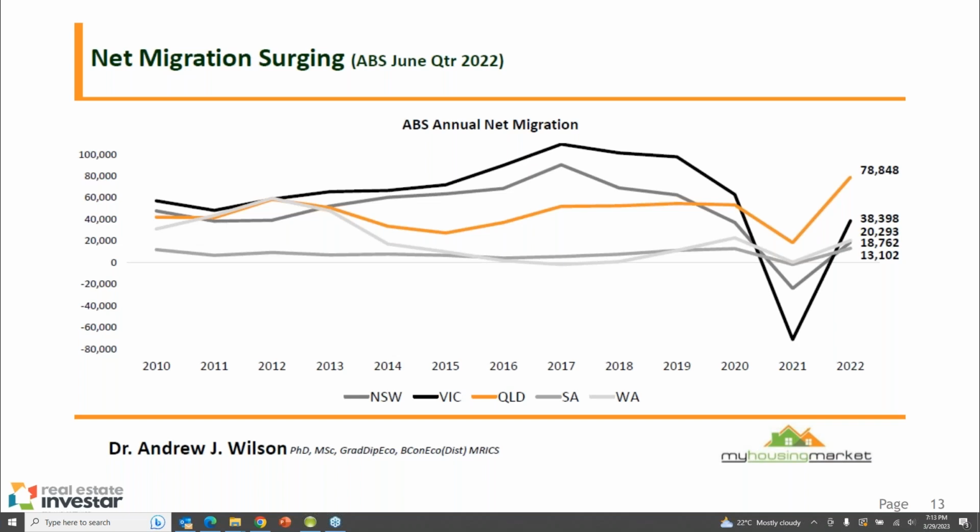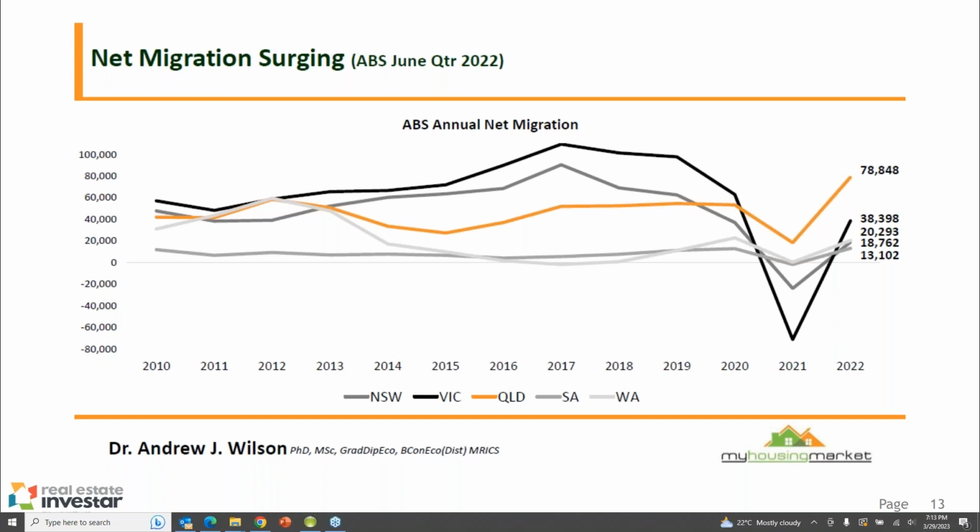A lot of people can work remotely now. So coming out of COVID with technology improving, a lot of companies are quite happy for people to work remotely. If their head office is in Melbourne or Sydney, it doesn't mean their staff or their team have to be in Sydney or Melbourne. So it gives the team, the staff, the flexibility to work remotely. So again, there's a number of reasons for interstate migration.